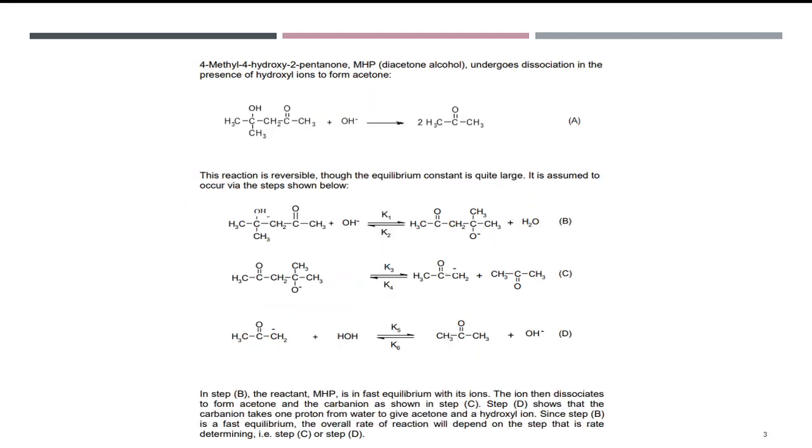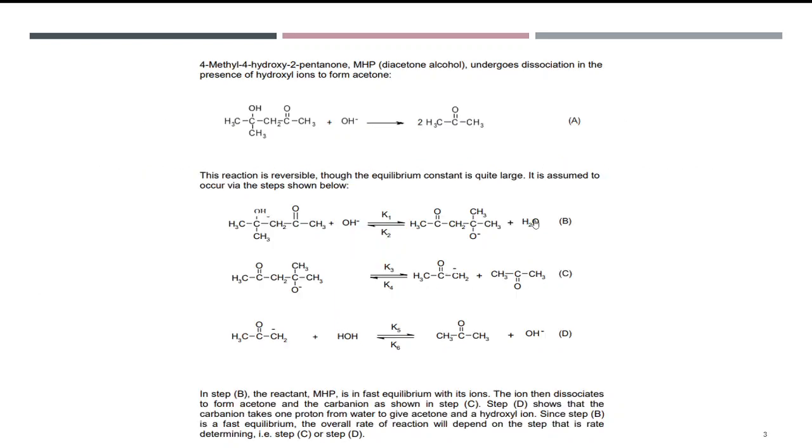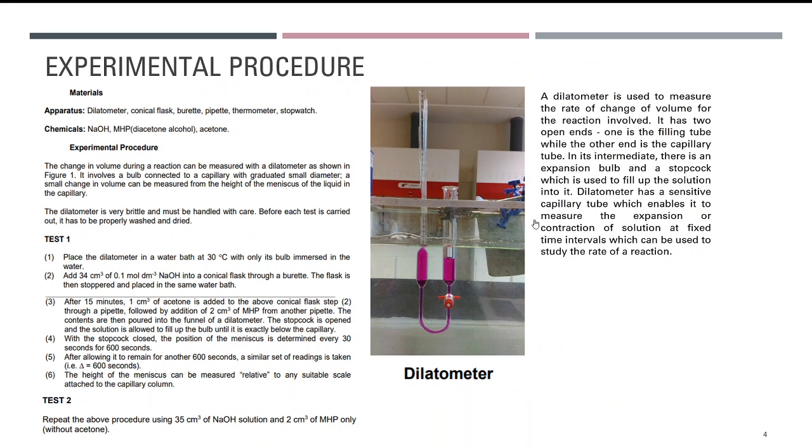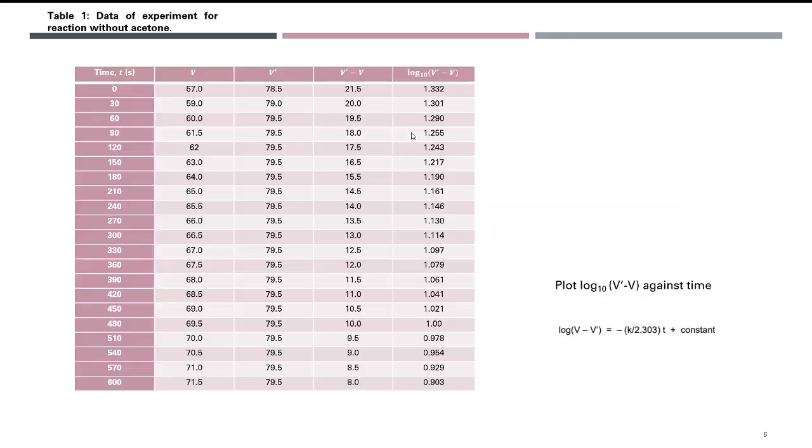You want to know whether the acetone is going to have an effect. As I said here in the data sheet, in class we will ask the students to do the one without first and then with. It happened that when students didn't cross this out, they may get the information confused.